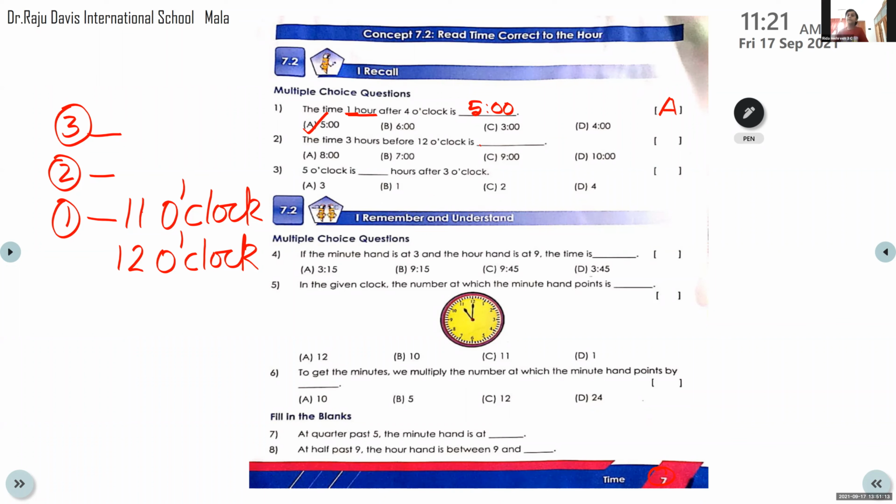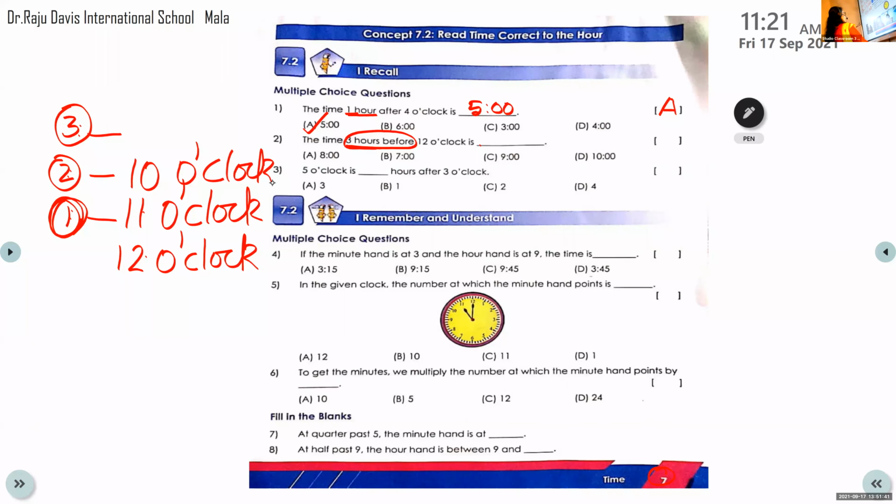So 11 o'clock, we have moved 1 hour backward. Now, before 11, we have to move 3 times because it is told 3 hours before. So, before 12 it is 11, then before 11 it is 10. Before 11? 10. So, one more time you have to move.